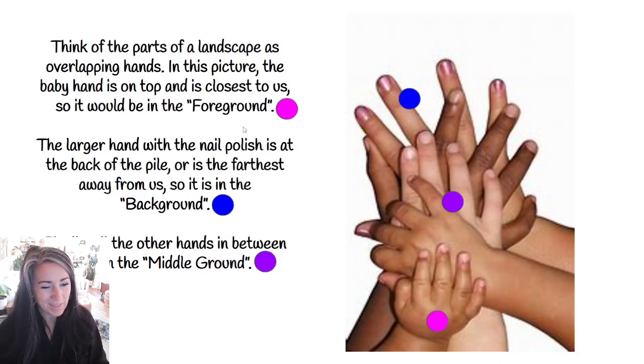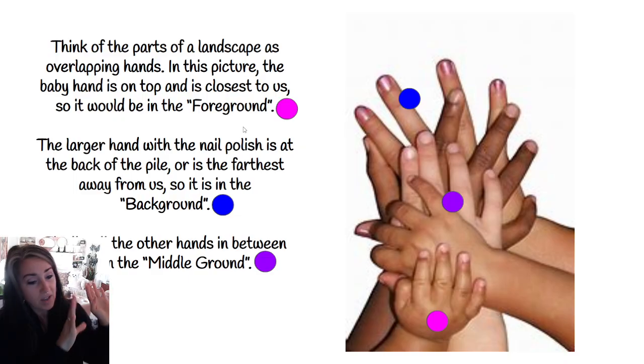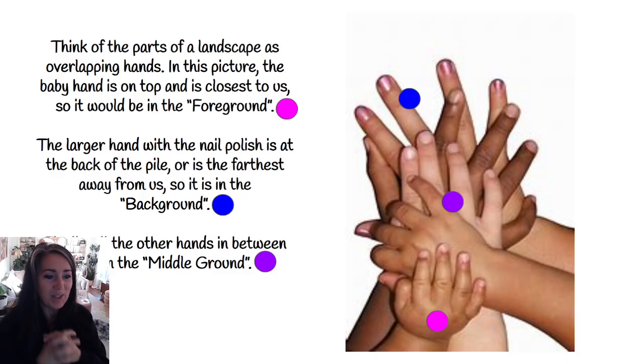So think of it like, have you ever played that game where you've got layered hands? For example, we've got color-coded dots here. The foreground for this one would be the one that's the closest to us in the front, and that's going to be the baby's hand. So the pink dot, that's our foreground.